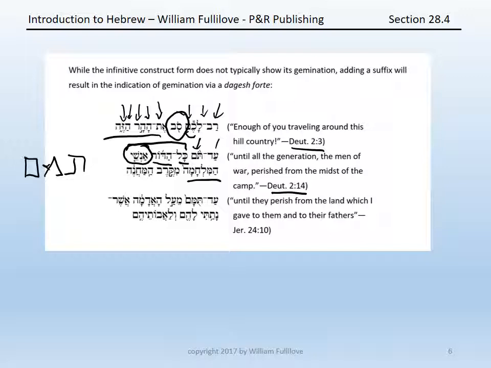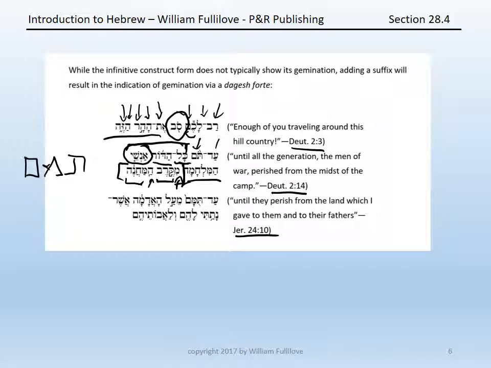So until the perishing of all the generation of the men of war, me, men, with the nun hiding in the kof, min kerev, from the midst of, ha, machaneh, the camp. So we have two long construct phrases, one that goes to there, and then another that finishes the phrase.